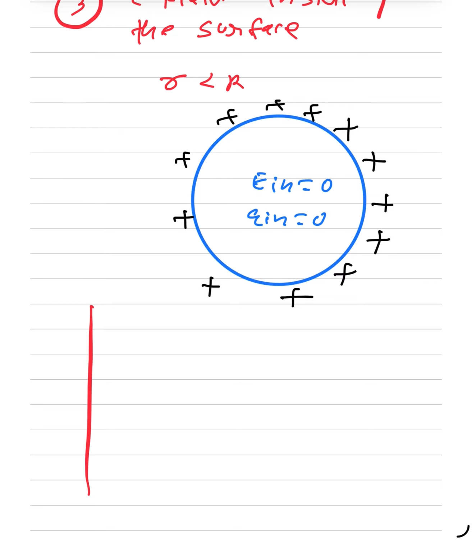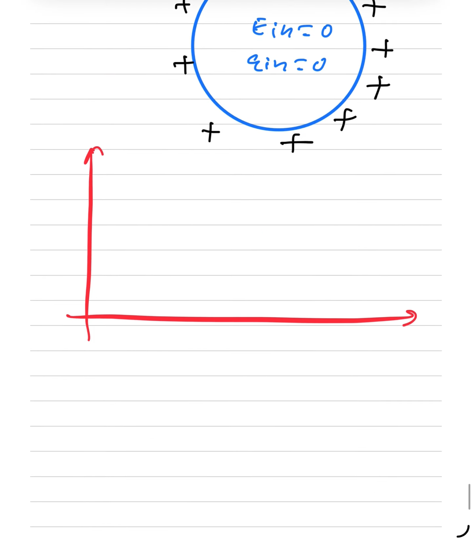In this situation, the graph of the electric field: this is the center point, where small r equals 0. From the center to the surface, meaning the inside region, the electric field equals 0 and charge inside equals 0.